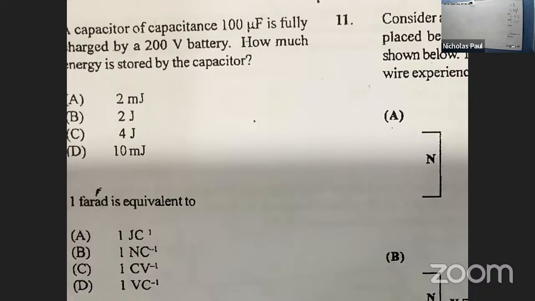Which one? D. No, wait, again. Yeah, we're working it out.